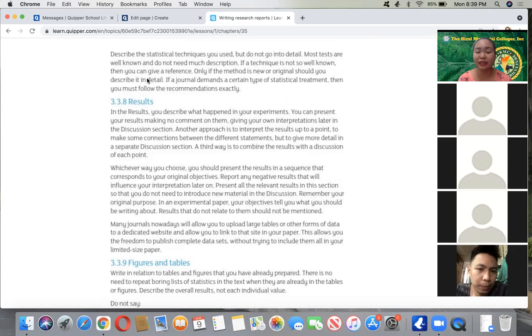It should be detailed so that anyone who would follow you or copy your methods can also do it again. And also in crop protection, that's very important.